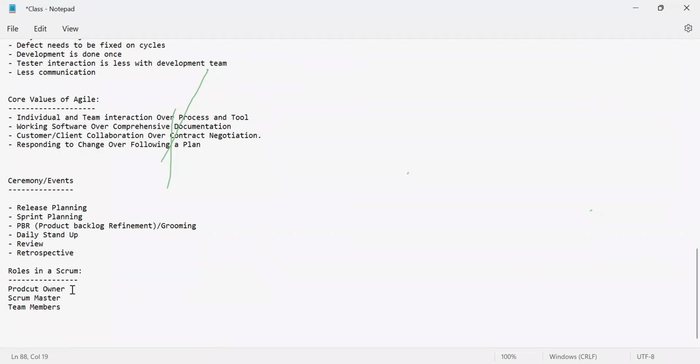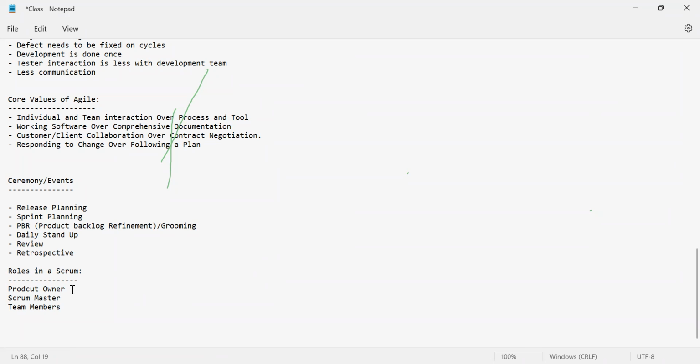Worked upon in the sense they will be developed, tested, and pushed to production. By the end of 2 weeks, all the stories that are picked up need to be delivered, come what may. Whose responsibility is that? It is the Scrum Master.